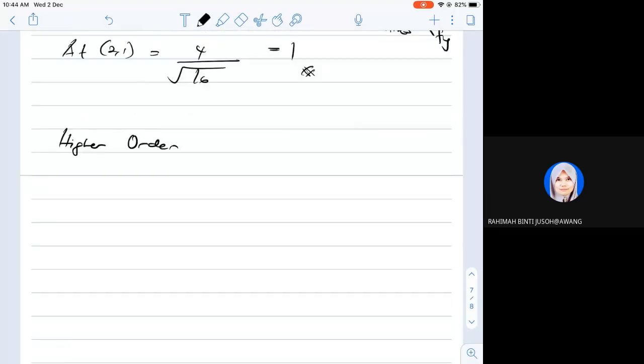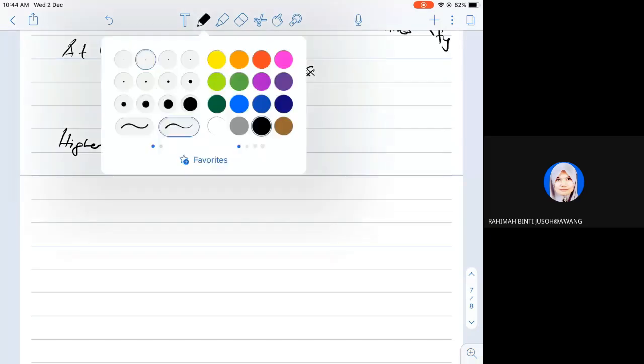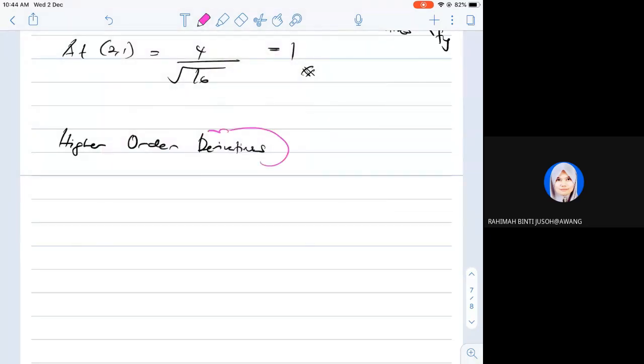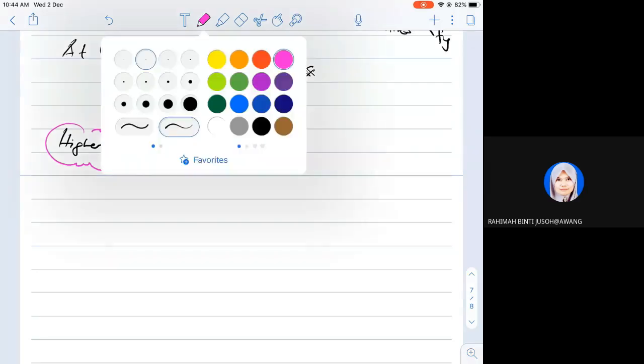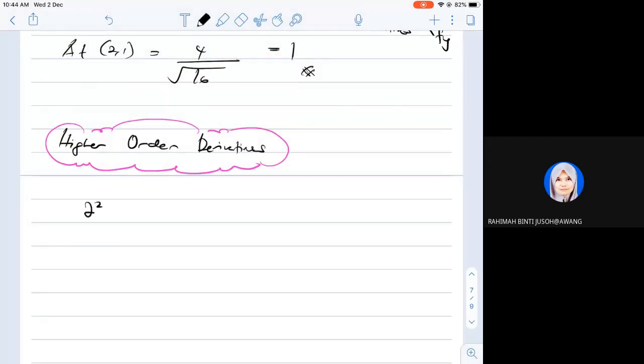However, higher order derivatives means you have to differentiate twice or three times or four times. It depends on the variables and depends on the question, of course. So let's say you have, for example, del squared f over del x del y. This is similar to fxy, which means that first of all, you differentiate with respect to x, and after that, you differentiate with respect to y.